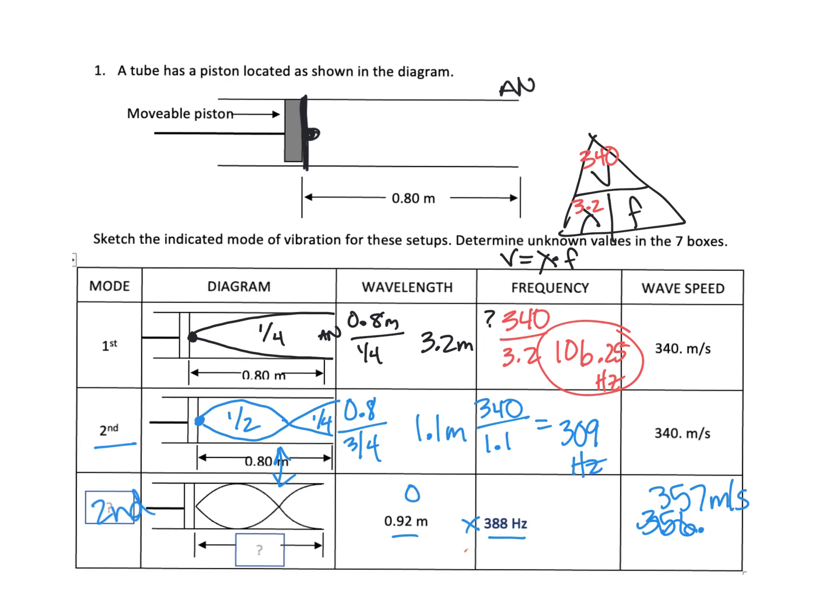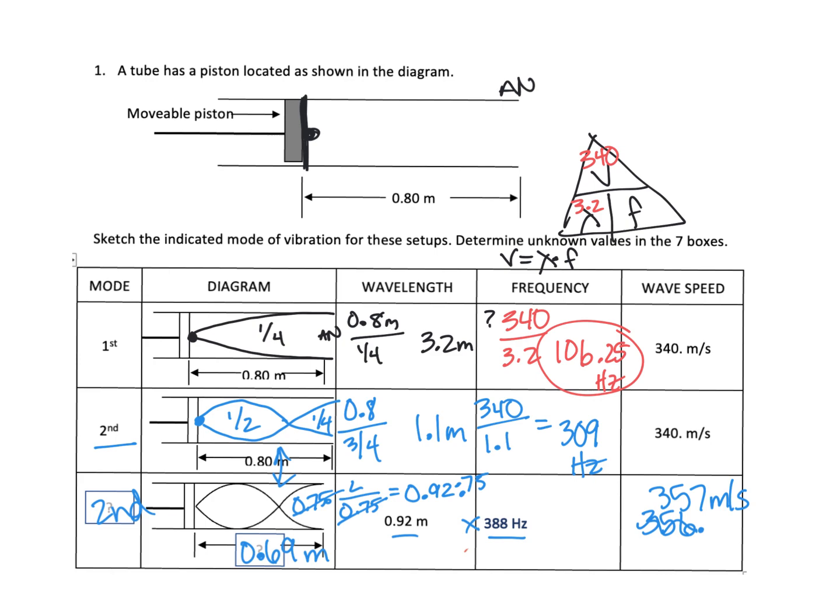So I know my wavelength is 0.92, and that equals the length over 0.75, or over 3/4. So then I would multiply both sides by 0.75, so it cancels out here. And then the length of the tube should be 0.92 times 0.75, which gives me 0.69 meters. So that's number one.